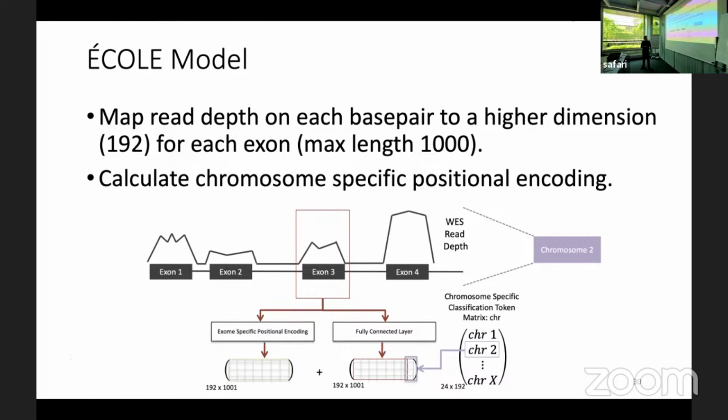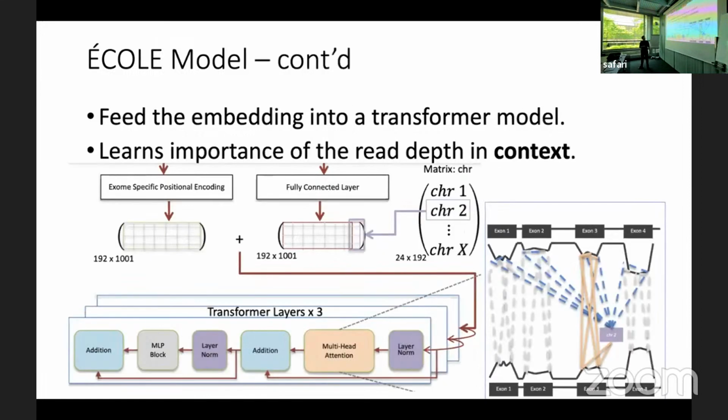As it is chromosome specific, it lets us learn the importance of this read depth within this chromosome to be classified as deletion, duplication, or non-CNV. So we sum these two up, and that's going to be input to our transformer model.